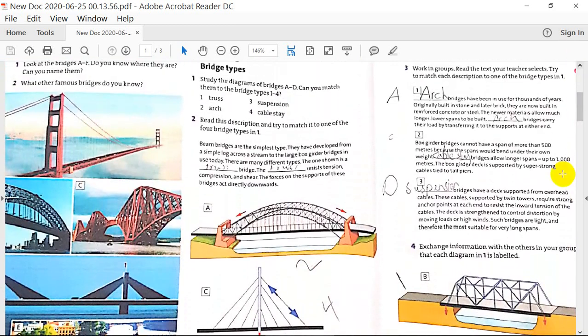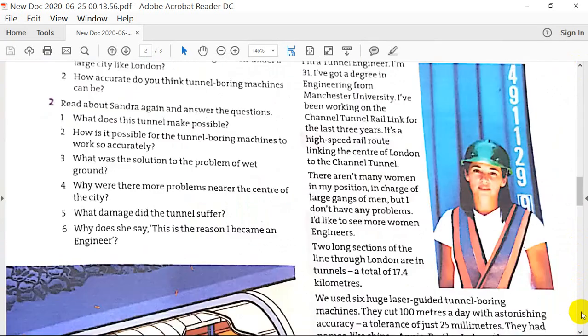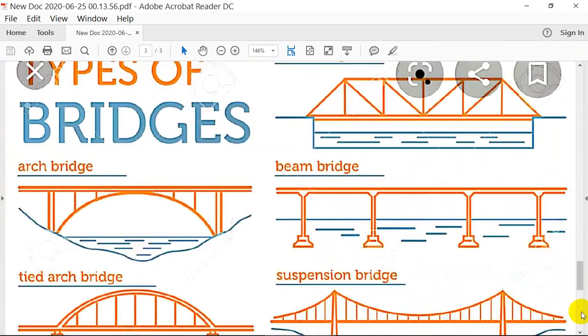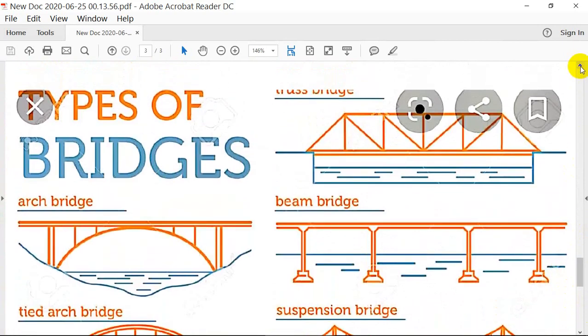To help my students, I went to an internet website and made a copy of the kinds of bridges, and then I attached this copy to your lesson so you know the names and types of bridges. To begin, let's learn the name of each bridge. First one is the arc bridge, an old one.